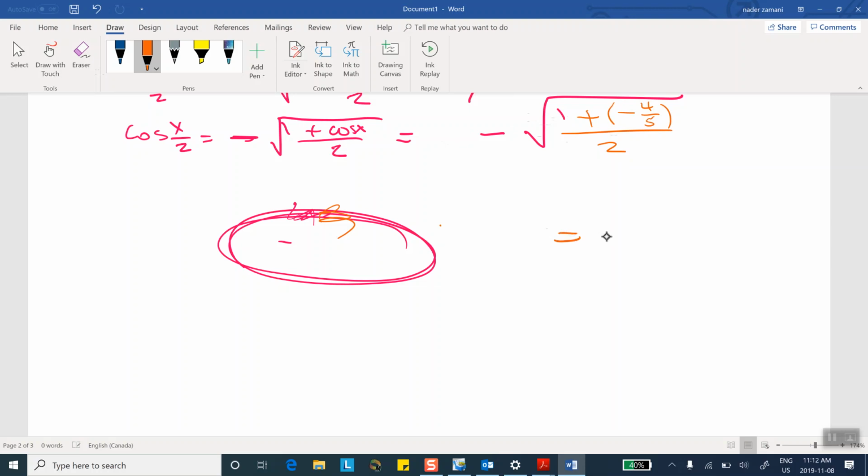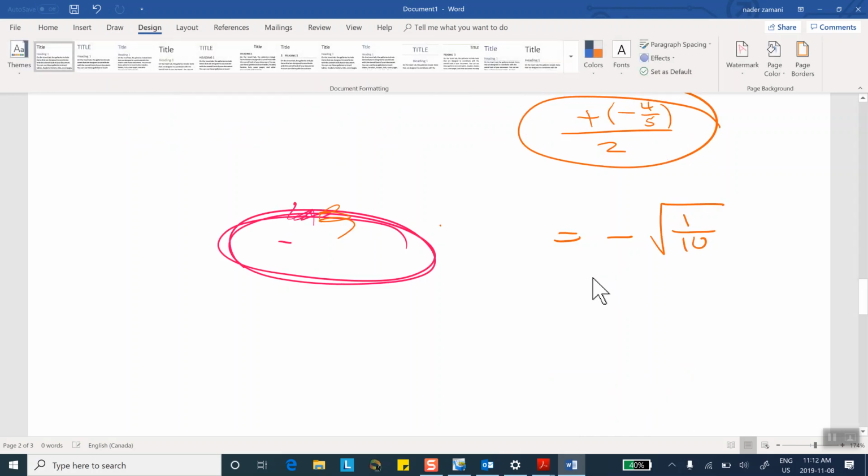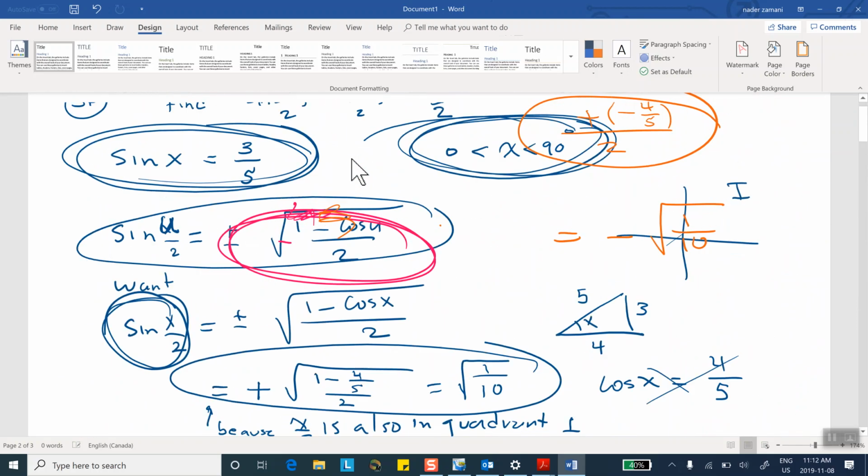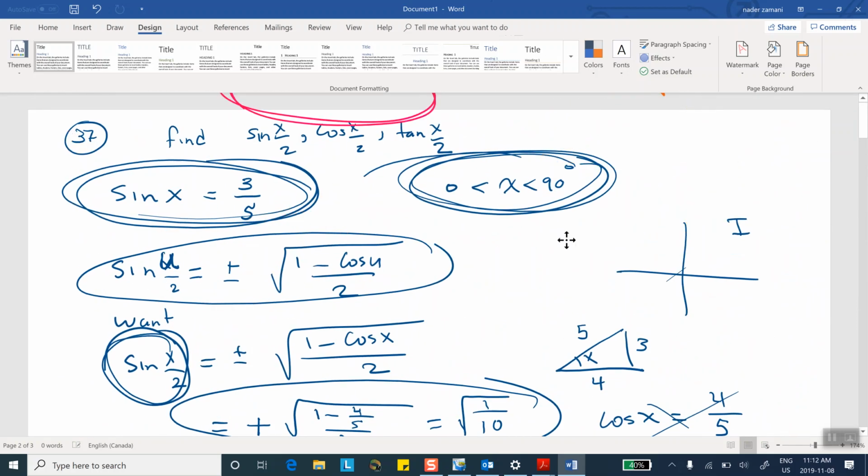And if you looked at the answer in the book, it'll probably look like this: minus root of 1 over 10. Do the other arithmetic, please. Make sure you can get it. This is still number 38. We want to find the tangent now. Better clean this up. Okay, we're doing number 38.